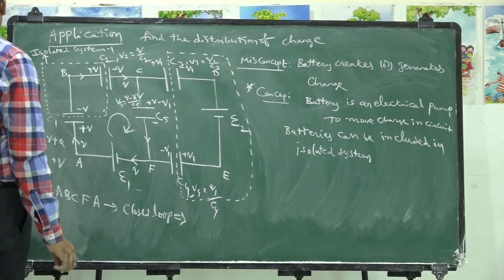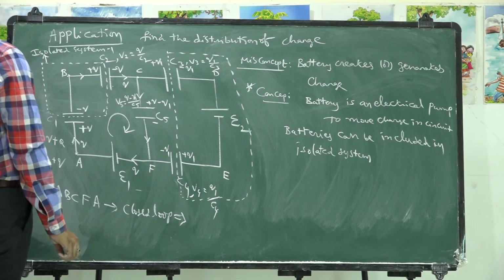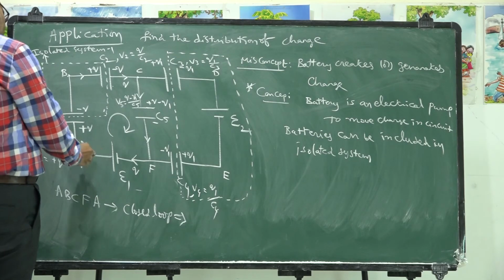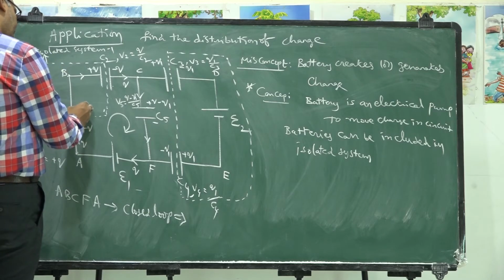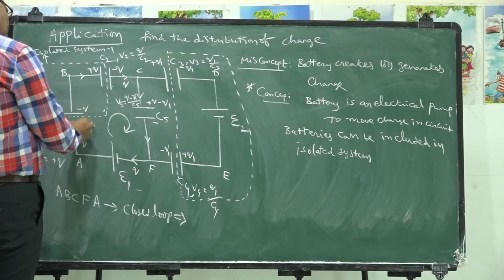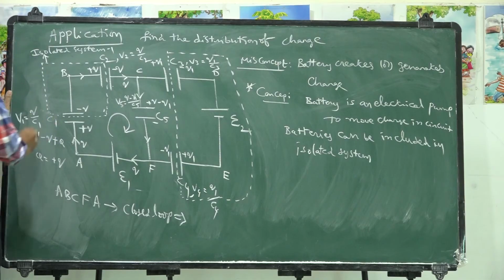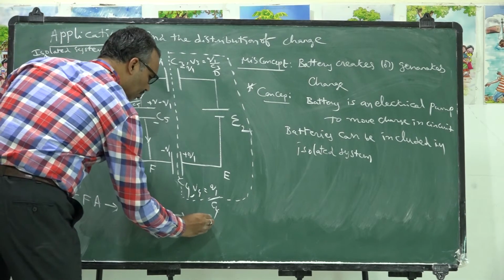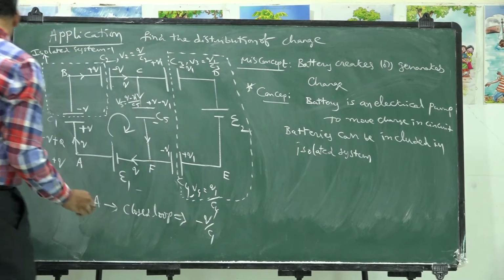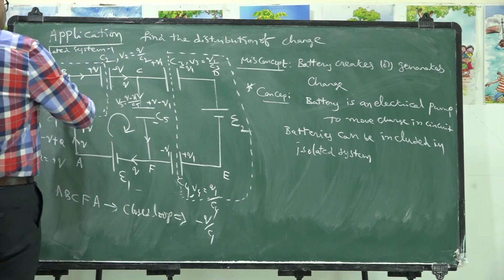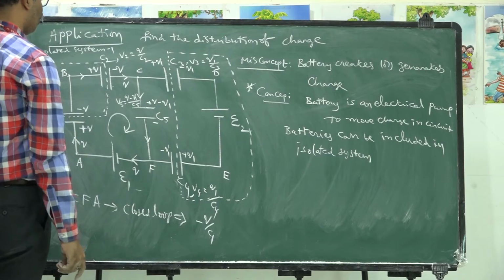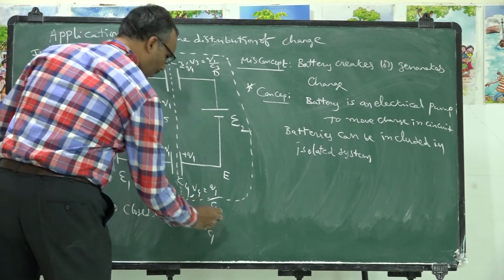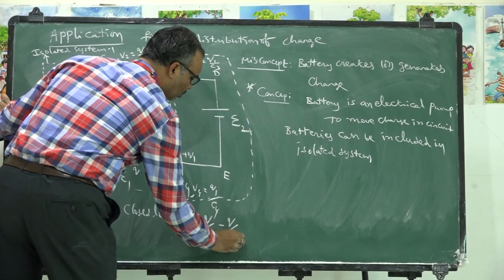Now I am going to apply the loop law here. The sum of all potentials should be 0. I am starting from point A. I am moving from positive plate to negative plate, so there is a drop of potential. What is the drop of potential? Q by C1, which should be taken as negative, minus Q by C1. Next, from B to C I am going from positive plate to negative plate. Again a drop of potential: minus Q by C2.